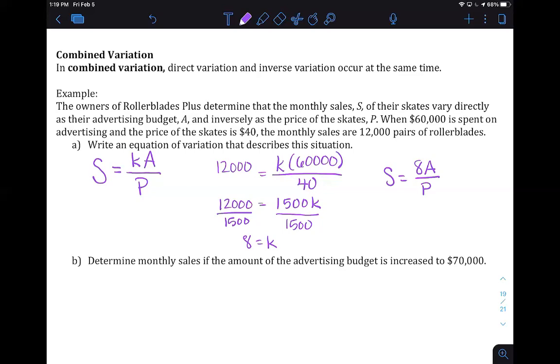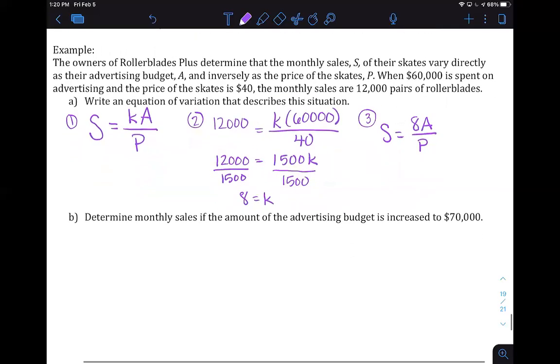So from what we talked about yesterday, step 1, step 2, step 3, and then once you find that equation or formula, however you want to think about it, then you can plug in at any point now and solve for any of those variables. So determine the monthly sales if the amount of the advertising budget is increased to $70,000.